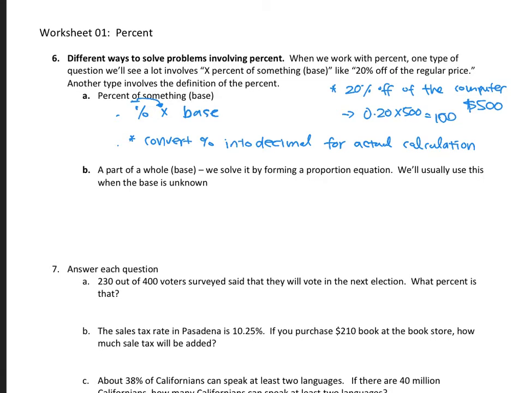So if the price says 20% off discount of a computer that is $500, how do they calculate the discount? You go 0.2 times 500, that's the discount. So this is a typical example of a question where you have a percentage of something. That translates to percentage as a decimal times the base.